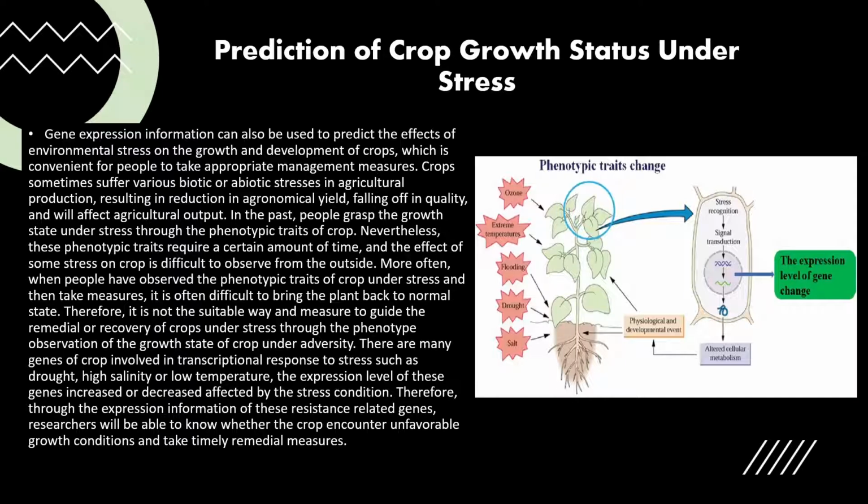Research about expression information of genes in different tissues and different developmental stages under different environmental conditions will provide support for the prediction of growth state of crops under stress at the molecular level. These researches not only contribute to complementing understanding of metabolic adjustments of plants under stress, but also play an important role in increasing agricultural production and reducing the consumption of resources.